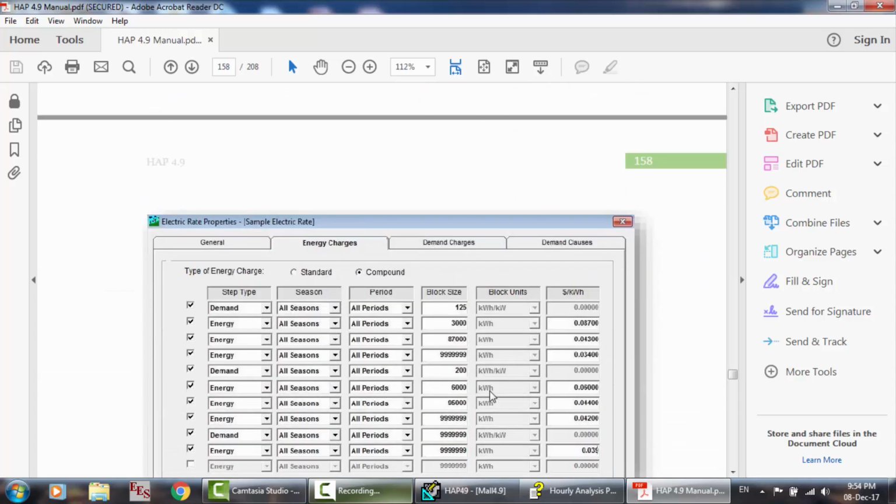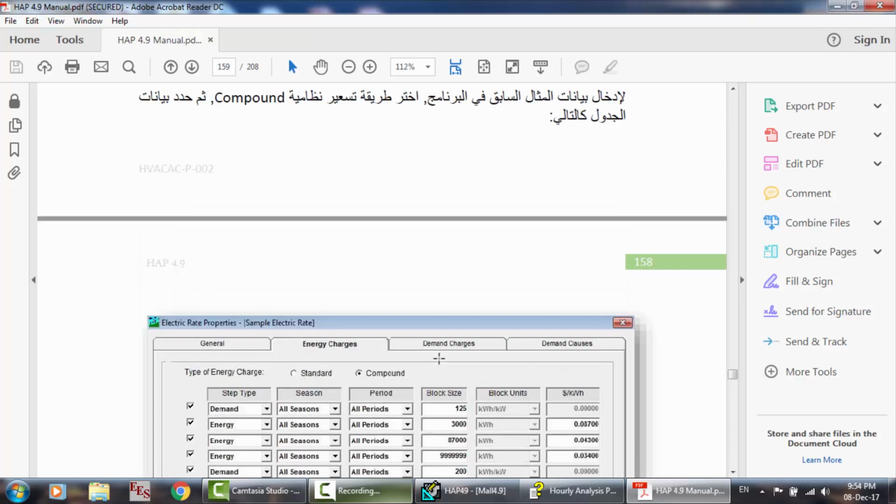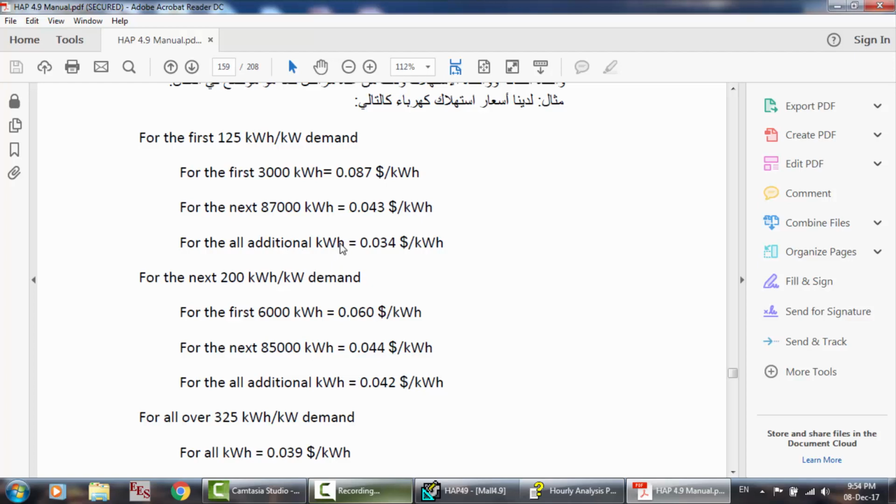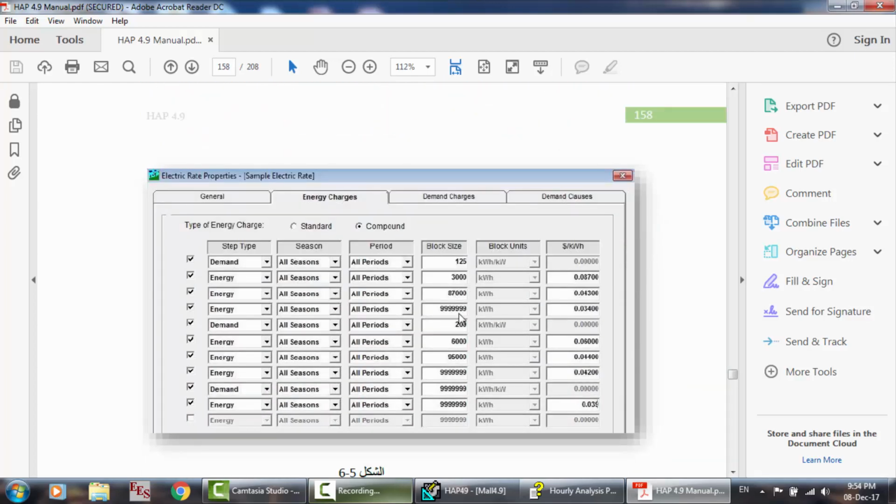And here for the next 87,000, there is another price, and for all the remaining or additional energy, you have to put this price, and because this is the last energy for this category, you have to put 7 nines.